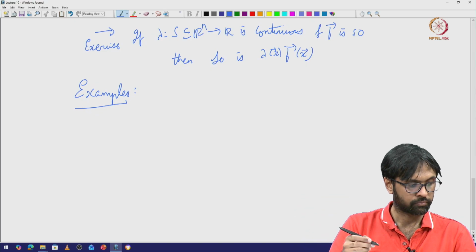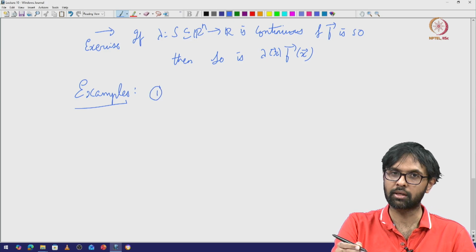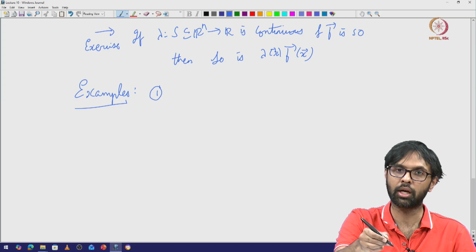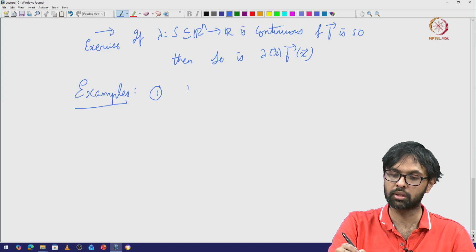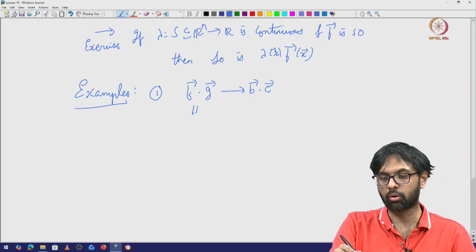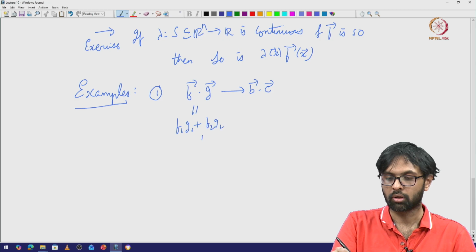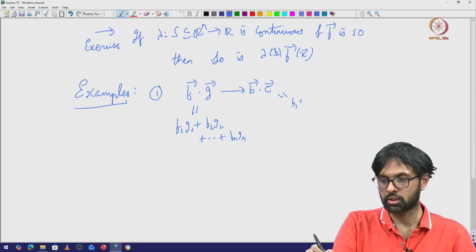So for example, this is not quite an example, this is something we've already proven, but it could have been deduced in another way. Remember, this f dot g converges to b dot c. This could have been proven by noting that it is f1 g1 plus f2 g2 plus so on until fn gn. This is b1 c1 plus b2 c2 plus so on until bn cn.